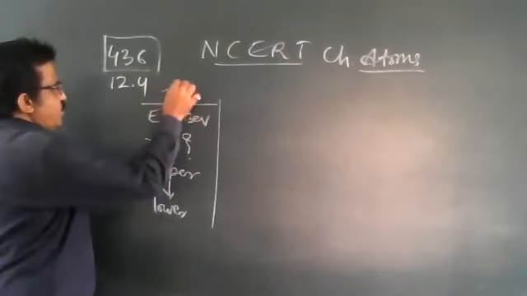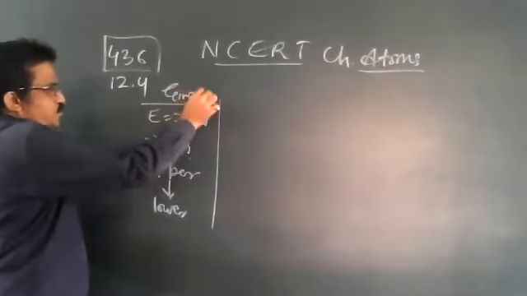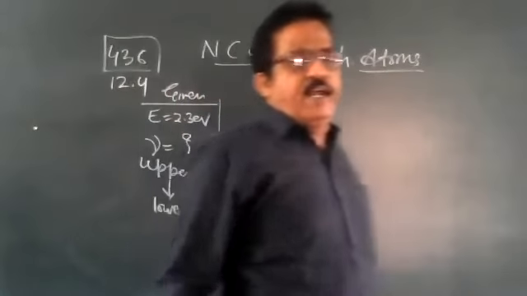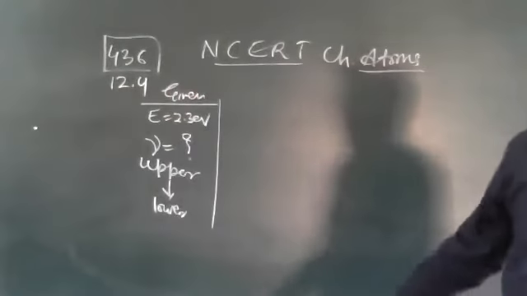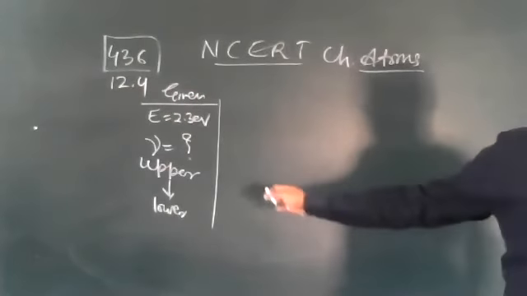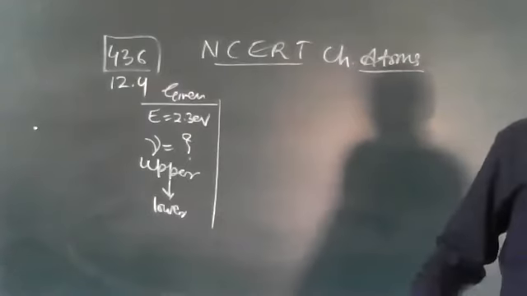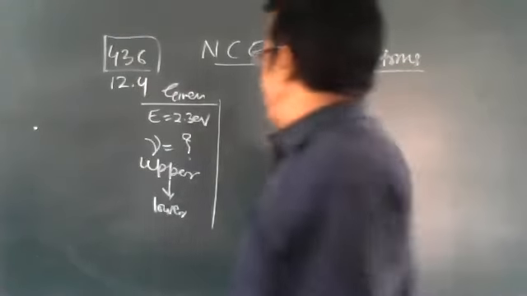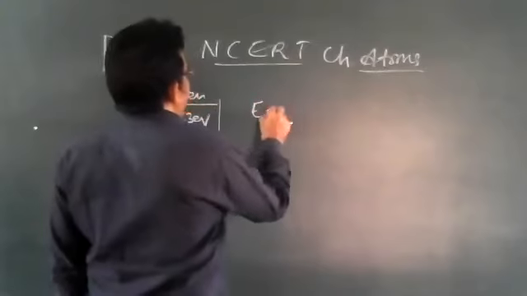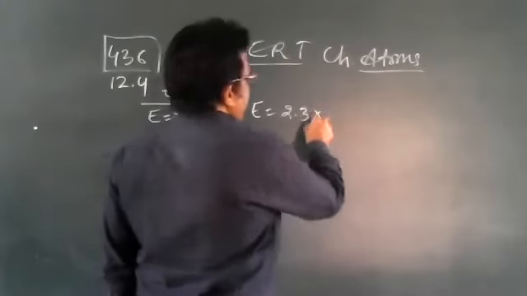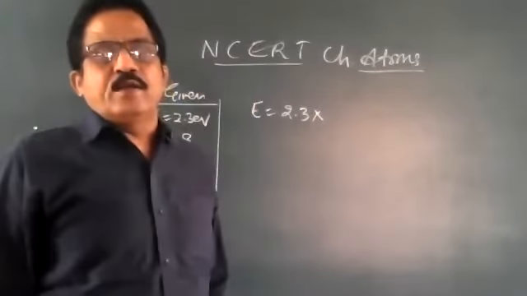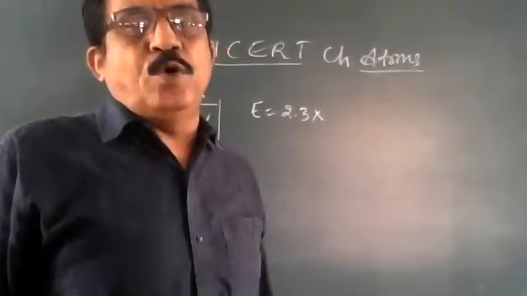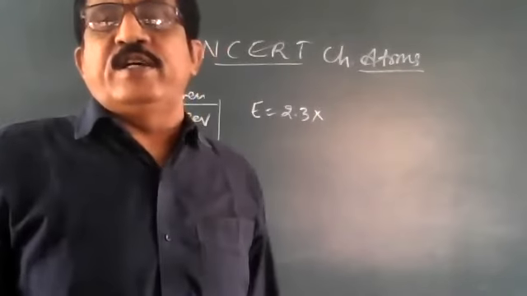First thing, what do you have to do here? We have to find the frequency. We know the formula here. First convert the electron volt into joule. When you multiply it by 1.6 into 10 to the power minus 19, it converts into joule.